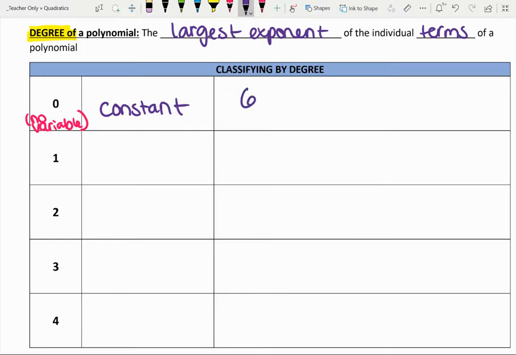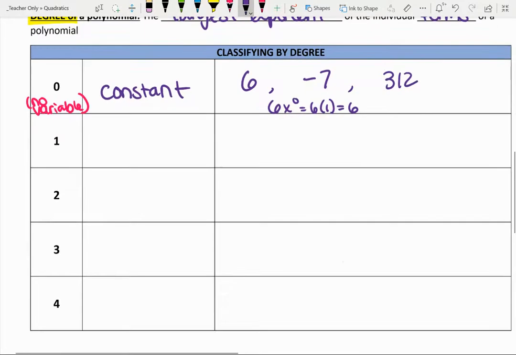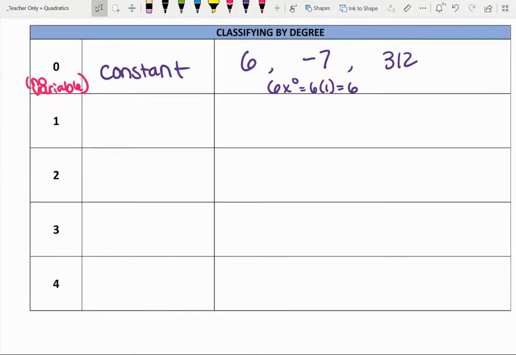There's no variable there. If there was, it would be something like x to the 0th, but x to the 0th is just 1, which is 6. So that's what we call a degree 0. Some other examples would be negative 7 or 312. It doesn't matter what the value is, as long as there's not a variable, we call it a constant.